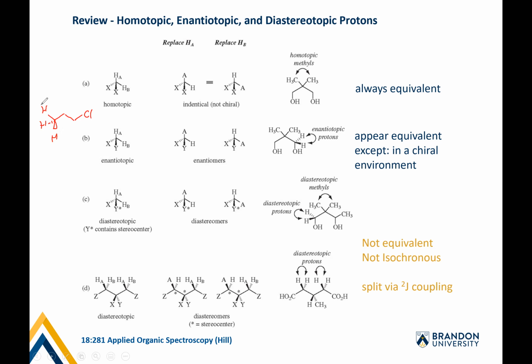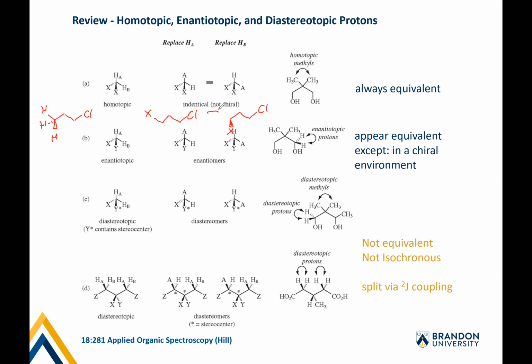If you wanted to determine whether these three protons on this terminal methyl group are homeotopic, diastereotopic, or enantiotopic, you basically replace one at a time with an X, right? So X, Cl, or let's use this one.